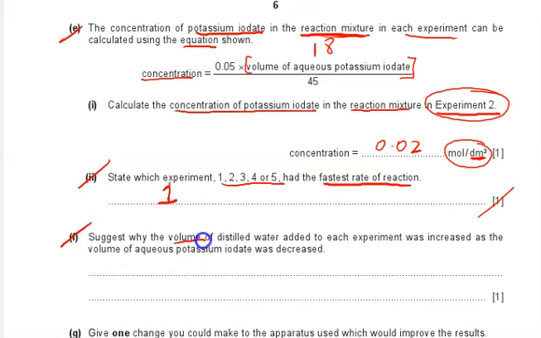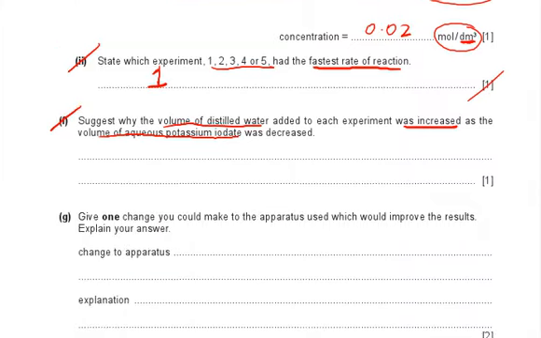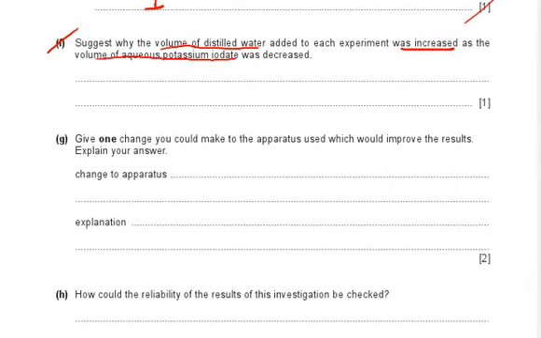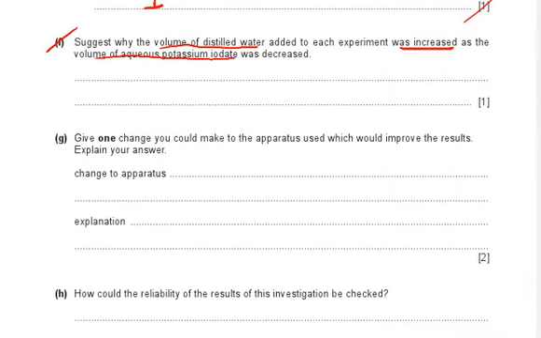Suggest why the volume of distilled water added to each experiment was increased as the volume of aqueous potassium iodide was decreased. You can get the answer directly from the question.